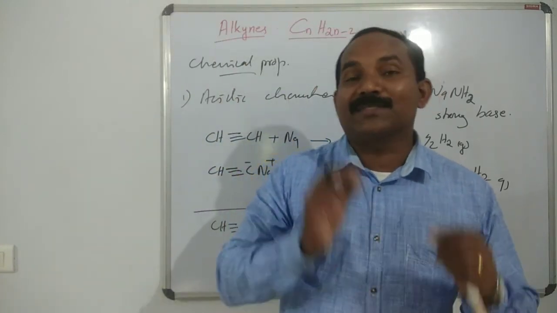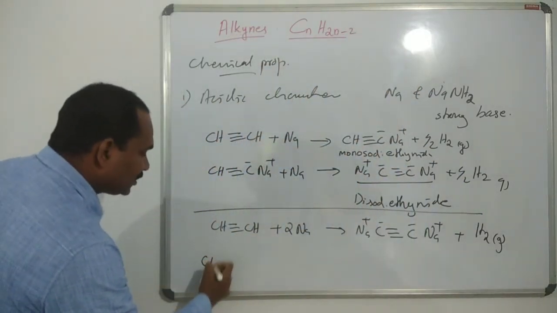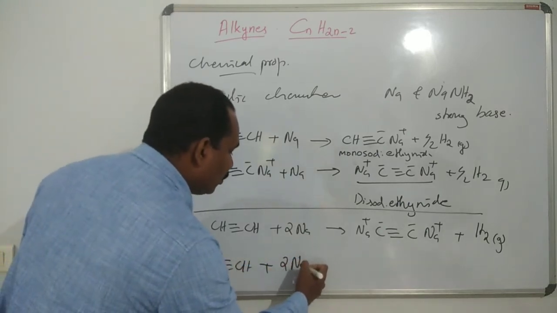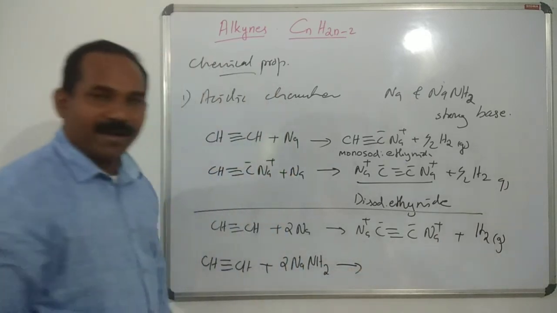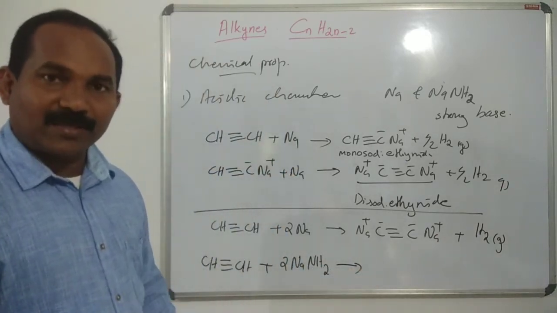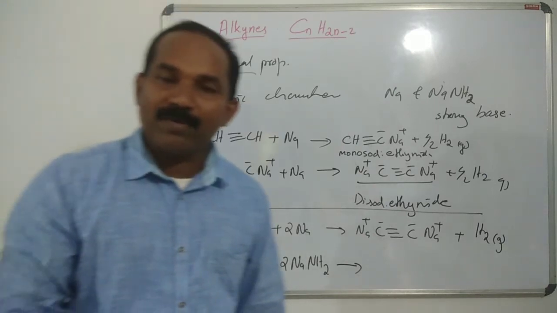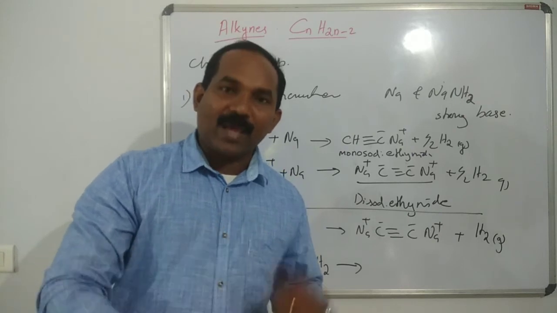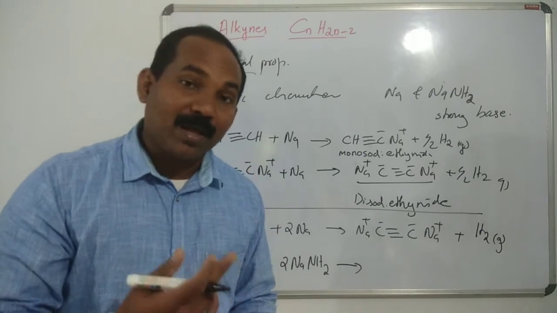alkynes have acidic nature. And another important point: this ethyne CH triple bond CH reacts with 2 moles of NaNH2, sodium amide. Okay, you can write it as two steps, no problem. First one molecule of sodium ethanide is formed. Then again 1 mole of sodium amide, we will get disodium ethanide.